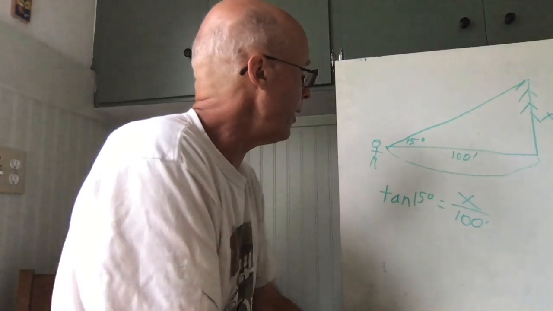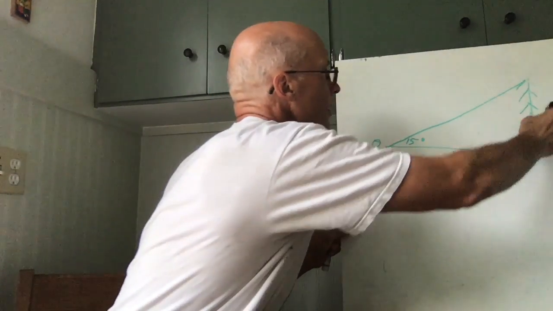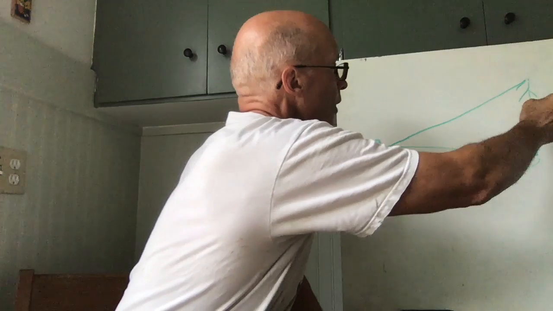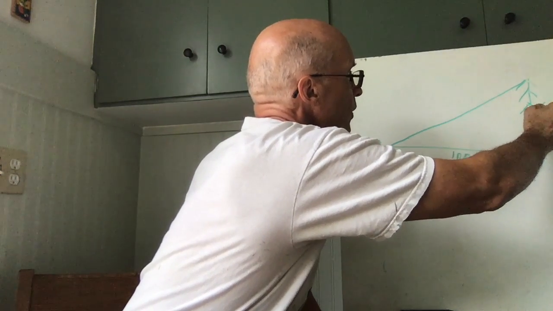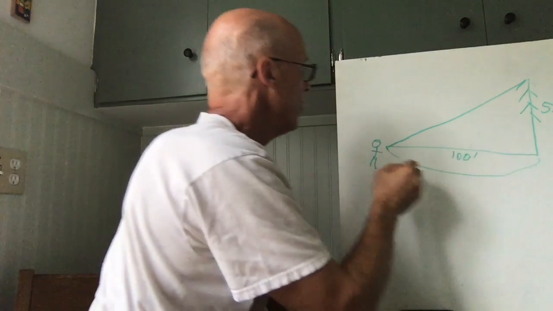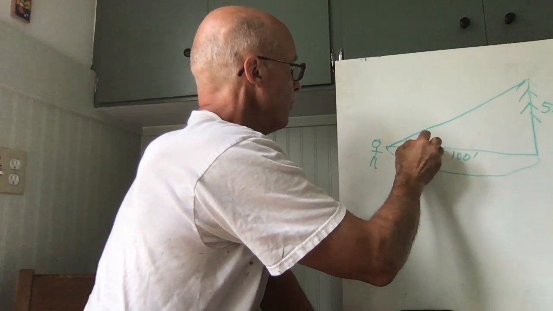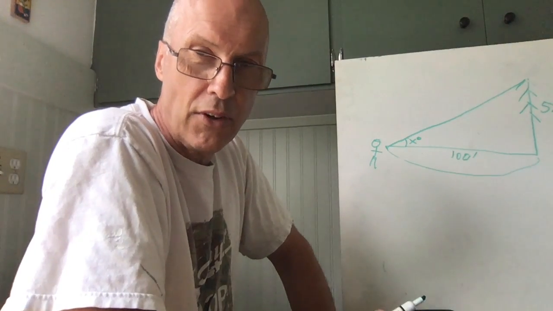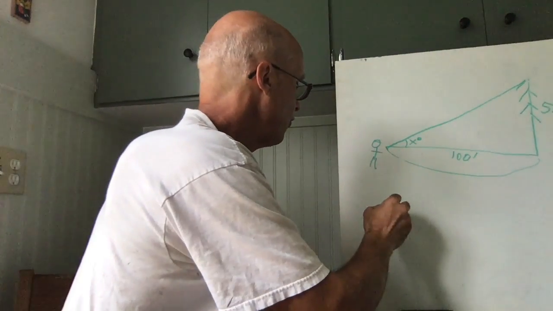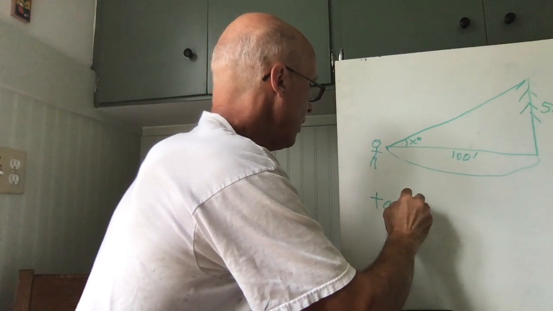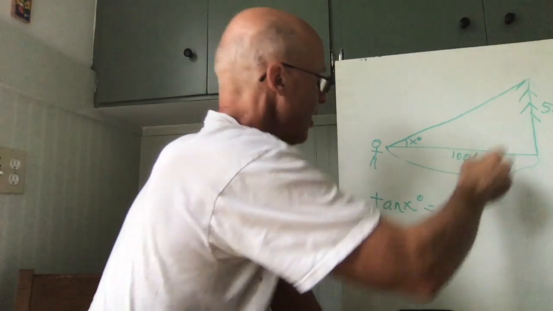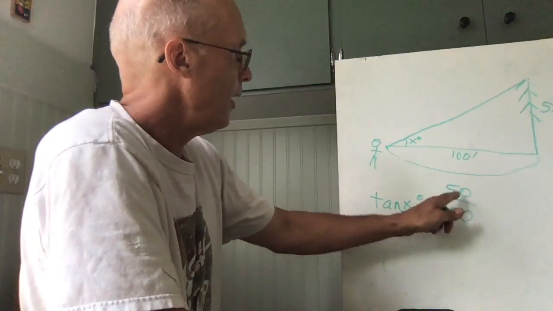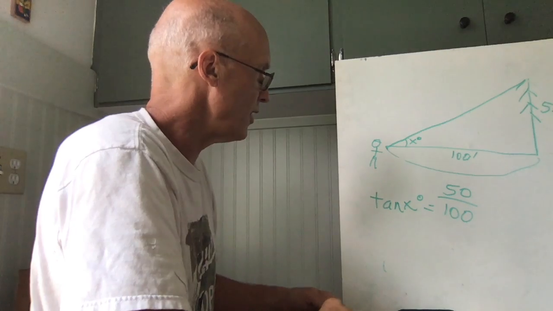What if we knew the height here? We knew that this tree was 50 feet tall, but we didn't know this value. Well, in that case, you're going to use the inverse tangent, right? So tangent of x degrees is the opposite over the adjacent, and you can see that's going to be 0.5.